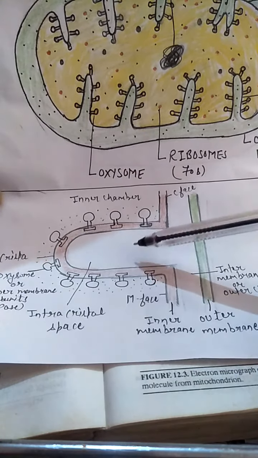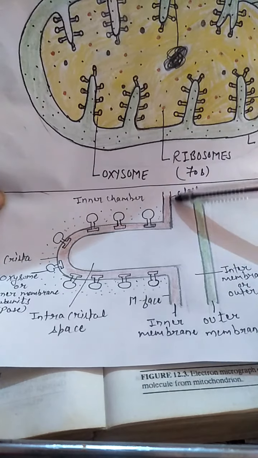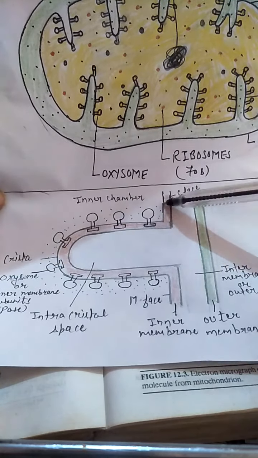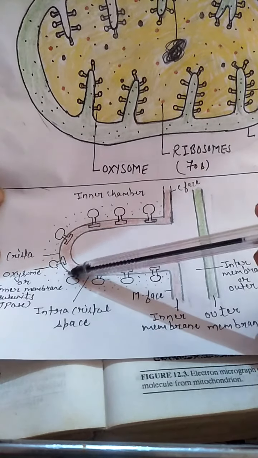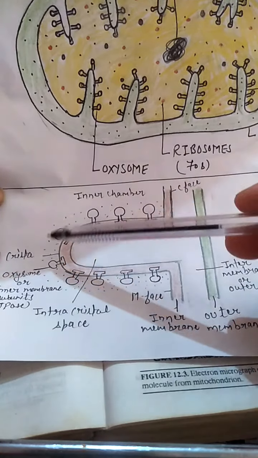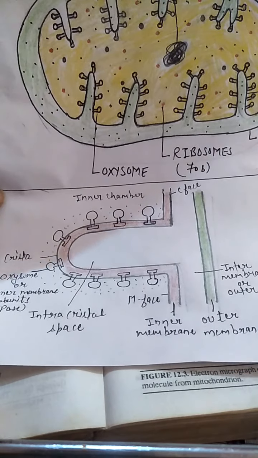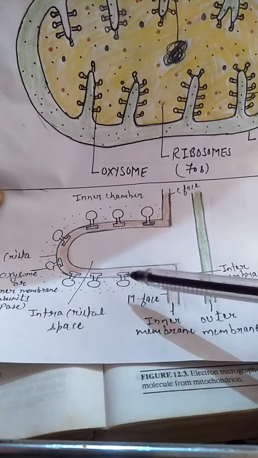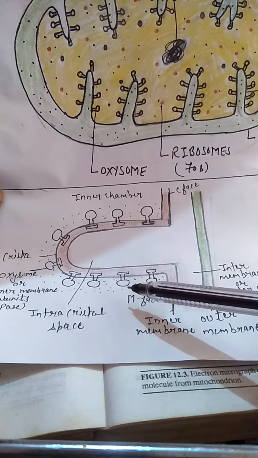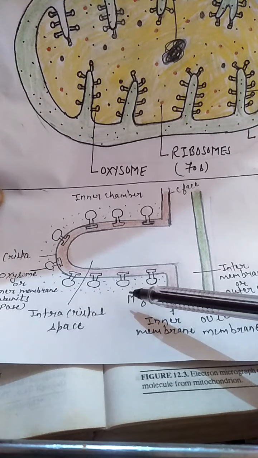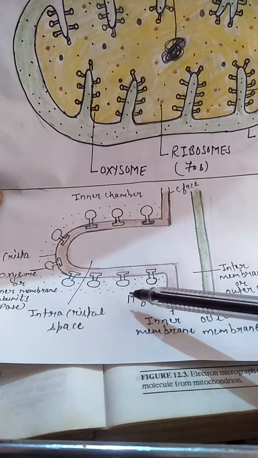This is the intracristal space, this is the C face of the inner membrane, and this is the M face of the inner membrane, and the dot-like structures represent the inner chamber containing the matrix. These oxysomes are responsible for the formation of ATP during respiration by the electron transport chain.